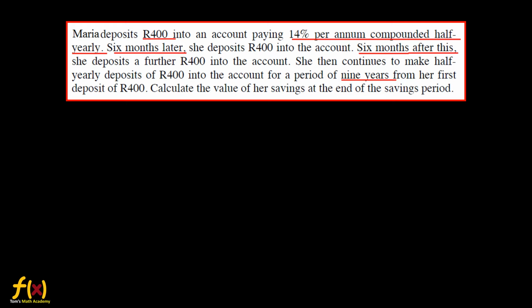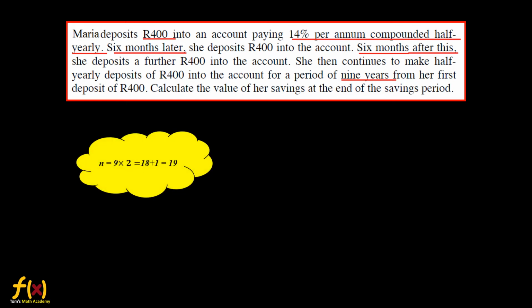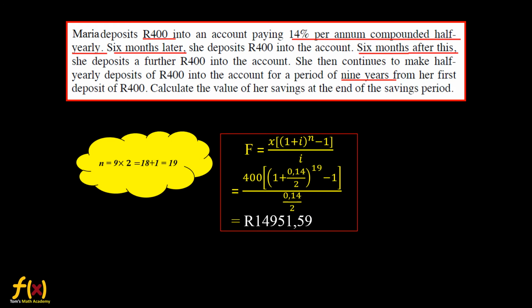Now, what is the interest rate? 14% compounded half yearly. So we must notice all those important values there. Look at the value of n here. Immediate payment. 9 years, half yearly payment. 9 times 2, 9 times 2 is 18. Plus 1 because of the immediate payment. Making n is 19. Substitute into the formula. Use your calculator.